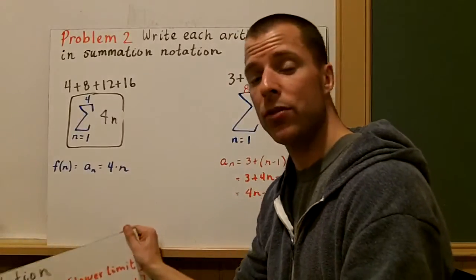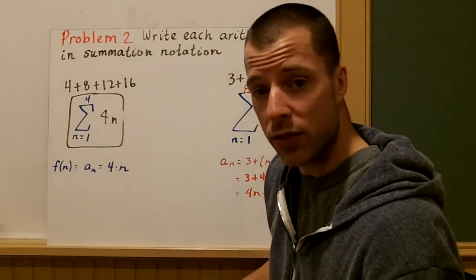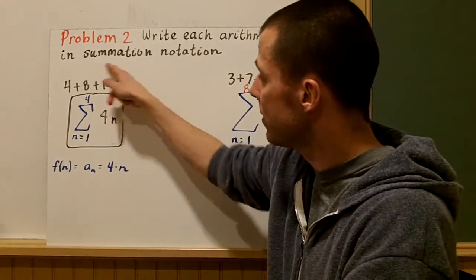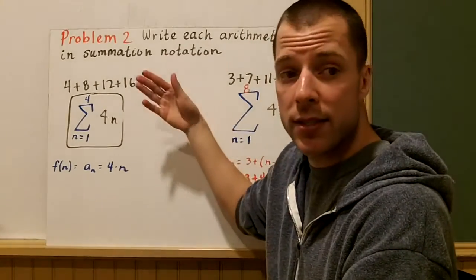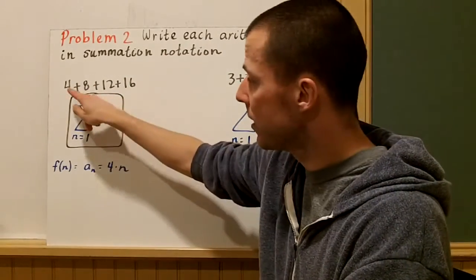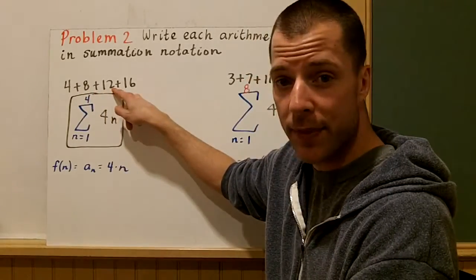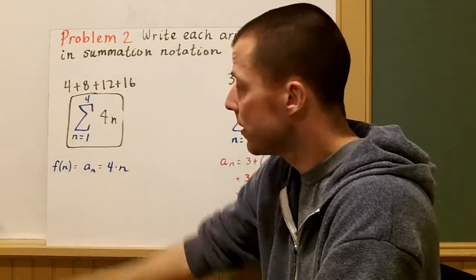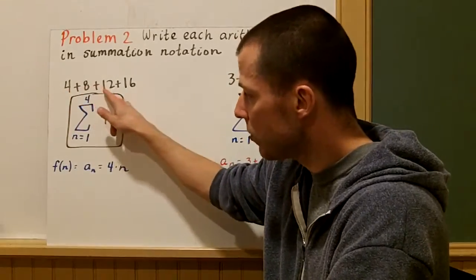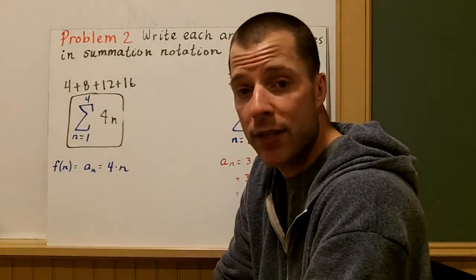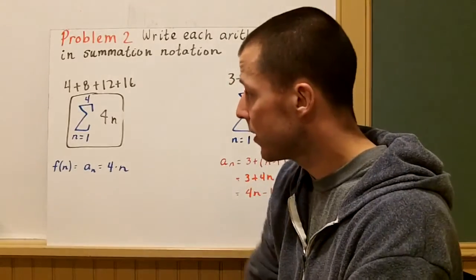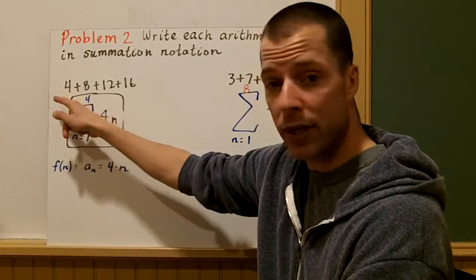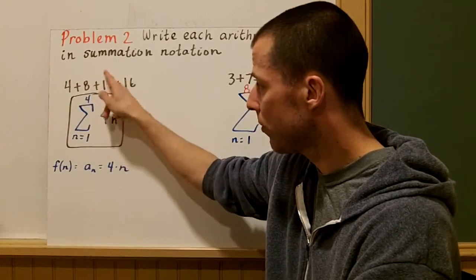So problem number 2 deals with writing summation notation for two different series. Write each arithmetic series in summation notation. It's a series and it's arithmetic because the common difference is the same and we're adding between terms. In this case, 4, 8, 12, 16. The common difference is 4. So where do we start? You might say, oh, we start at 4. No, let's count the number of terms. 1, 2, 3, 4.